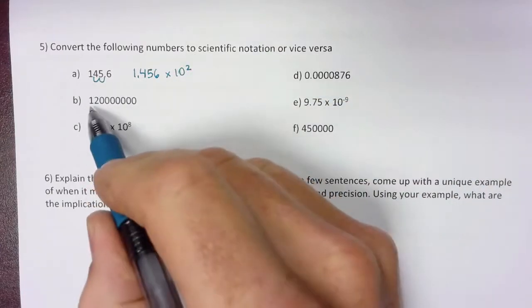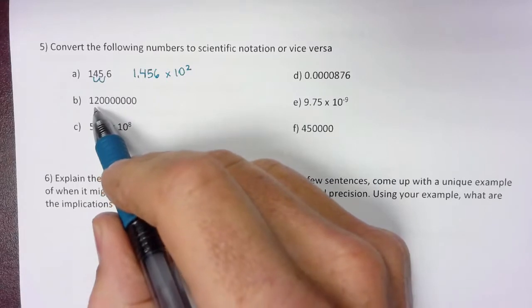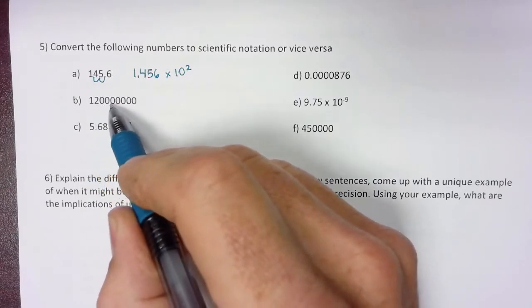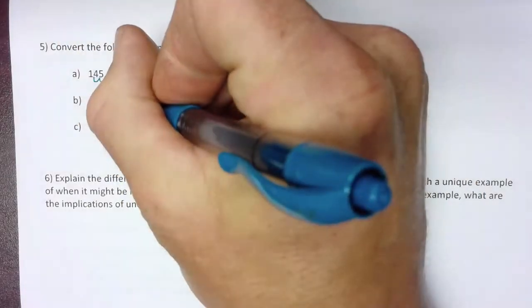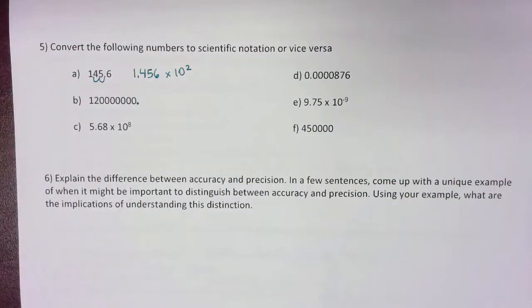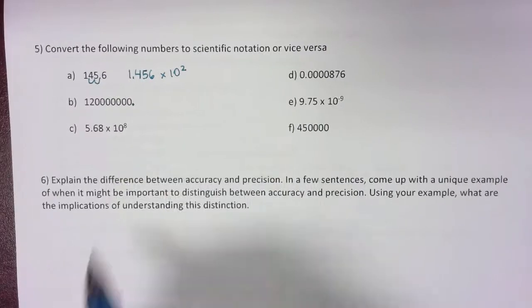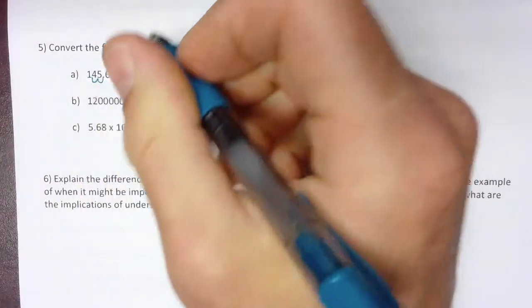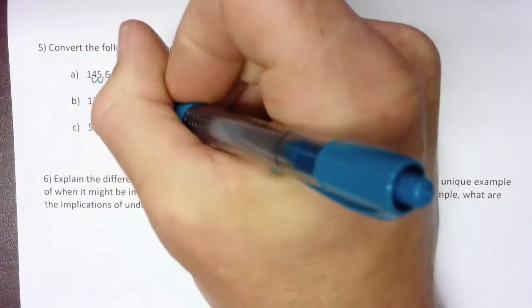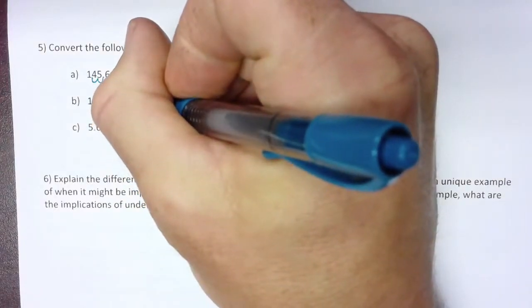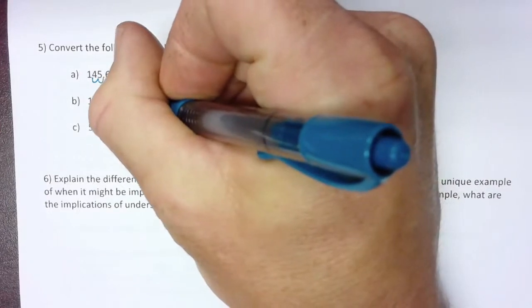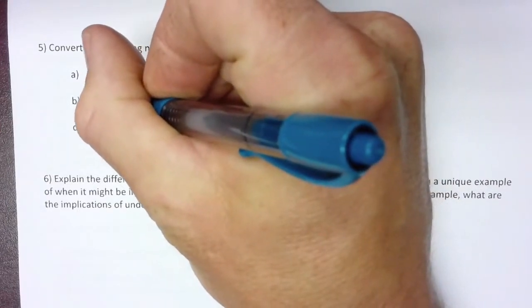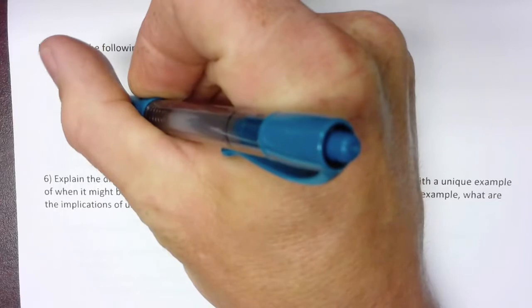All right. Next one, B. This is 1, 2 with 7 zeros, and then we have an implied decimal point. If there's no decimal point there, you put one there because it's implied. And then we're going to move this all the way to between the 1 and the 2. 1, 2, 3, 4, 5, 6, 7, 8.